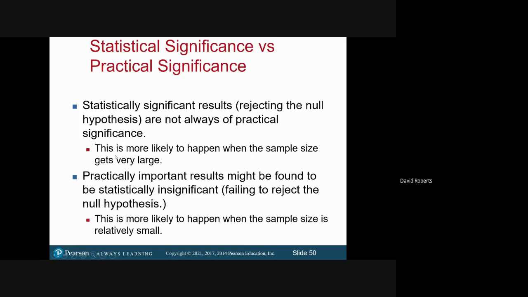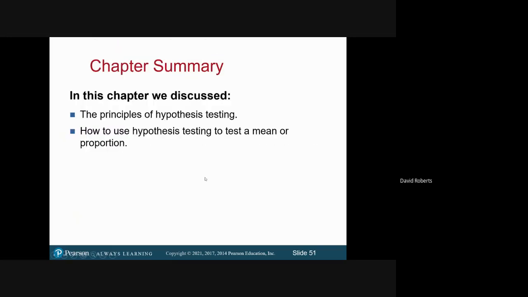You can see that it's more likely that when the sample size gets very large that we can reject the null hypothesis. When the sample size is very small, it's more likely we're going to fail to reject. But sometimes you just don't have the time. Somebody says, I want results in 2 or 3 days. You don't have the time or the money to go out and survey like 500 people.